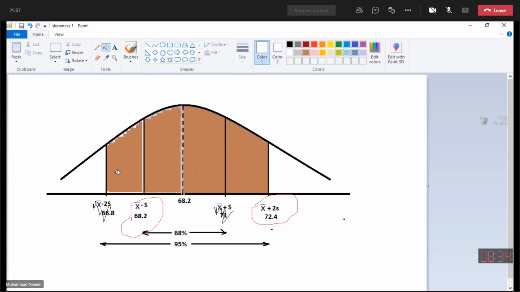We need only this data. This means the left half of the smaller interval and the right half of the larger interval is considered.